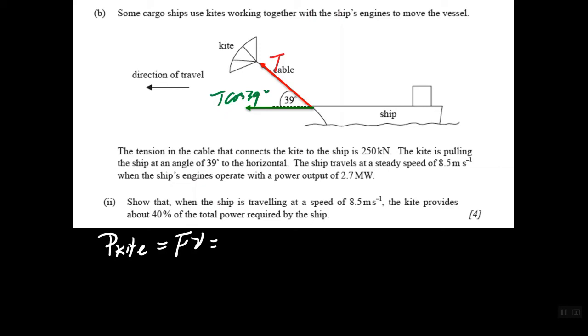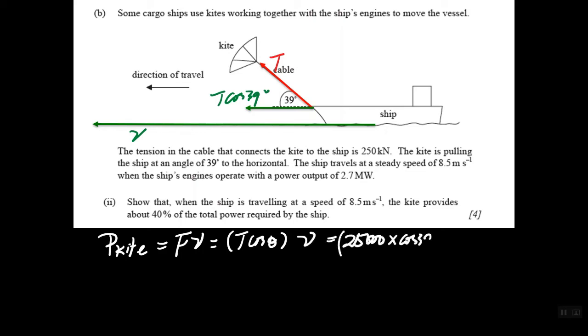In this case, F is T cosine 39 degrees, the force parallel to the velocity, times velocity. That gives us 250,000 times cosine 39 degrees times the velocity 8.5. That is 1.7 times 10 to 6 watt.